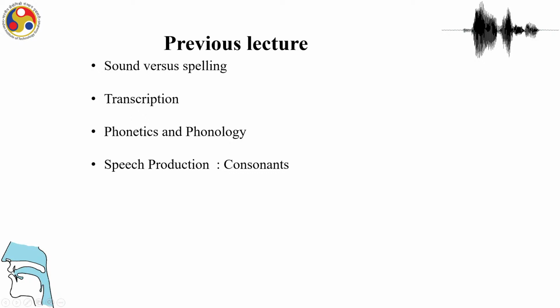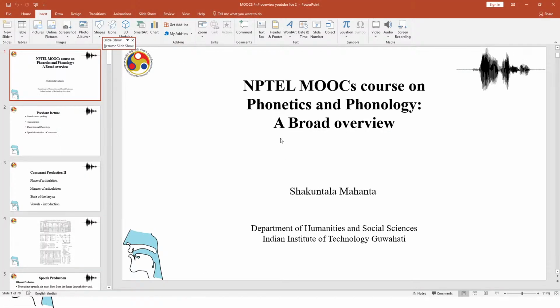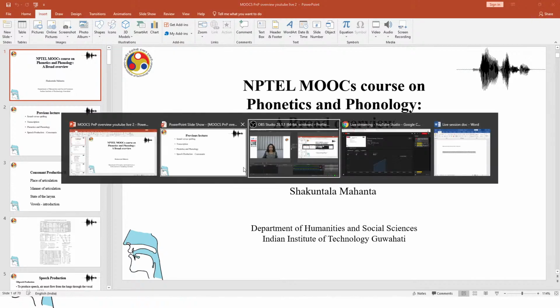That is a hurdle which has to be overcome when one has to study sounds. Because we are used to thinking of sounds in terms of alphabets, there is a correlation, but often we do not find the correlation. So that is the problem of the lack of correspondence.